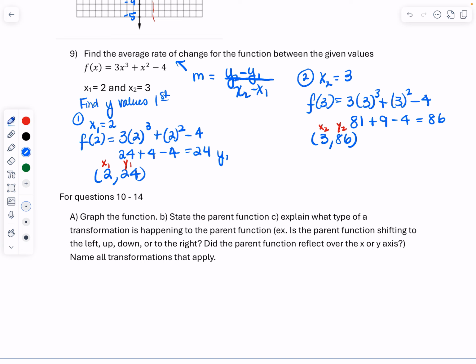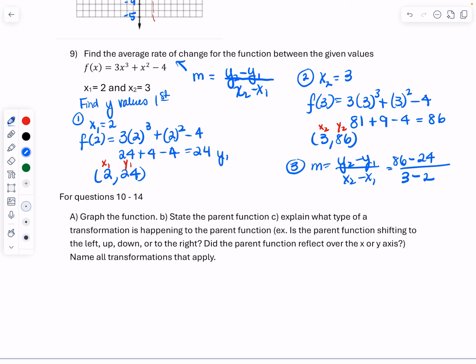Now I'm going to use the slope formula. So m equals y2 minus y1 over x2 minus x sub 1. y2 is 86 minus y1, 24, over x sub 2, which is 3, minus x sub 1, which is 2.